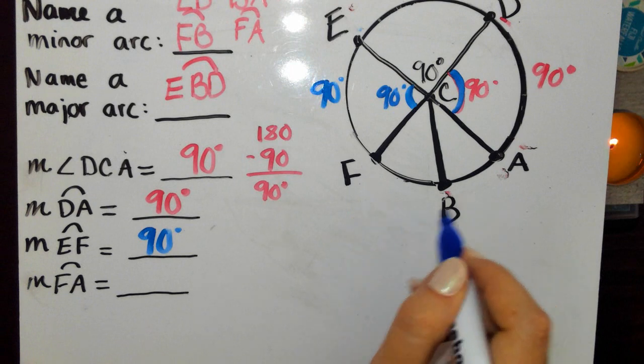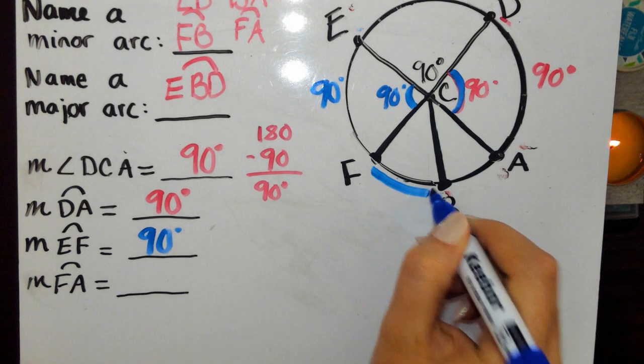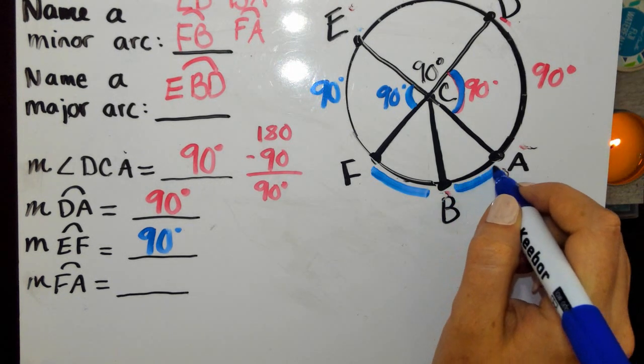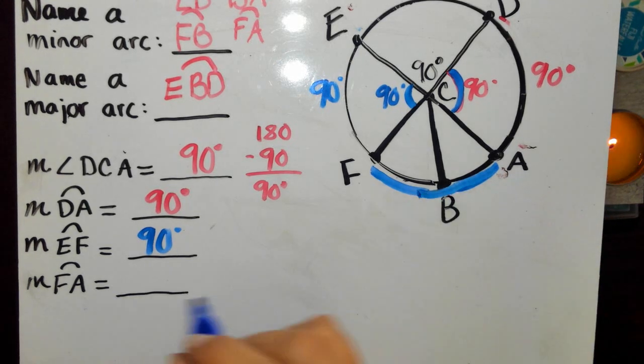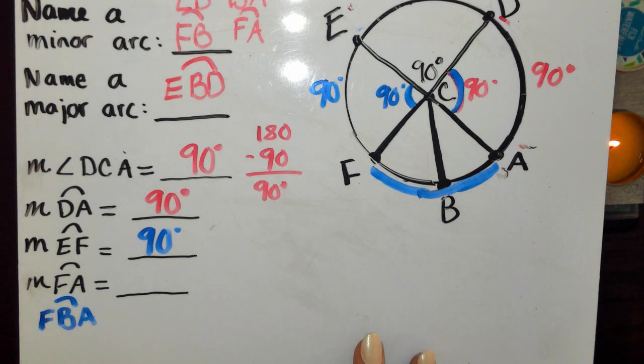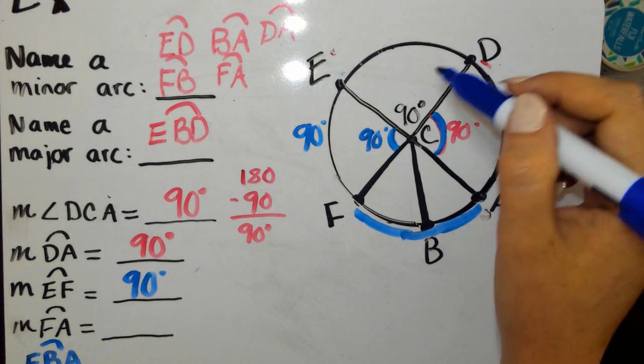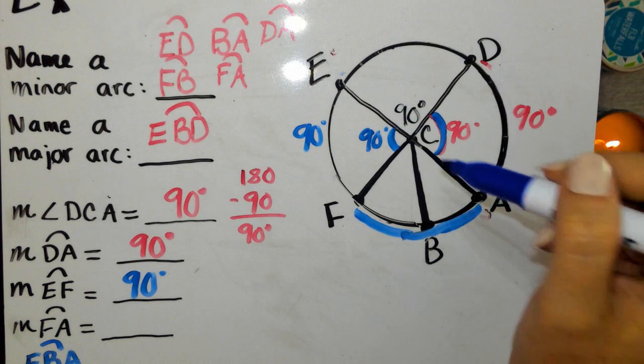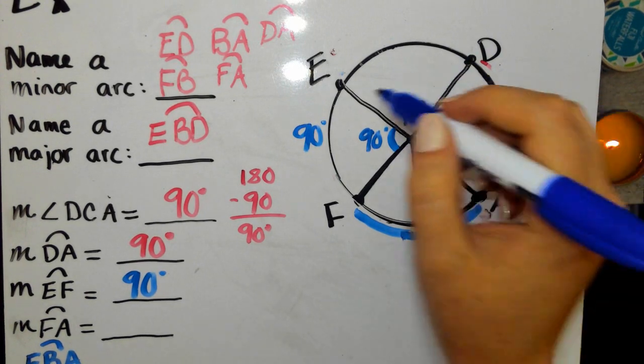And then the last thing it's asking us for is the measure of arc FA. So from here to here. Really, this even could have been more specific and said FBA, so you know exactly which direction to go. There's really a couple of ways that you could think about this problem.